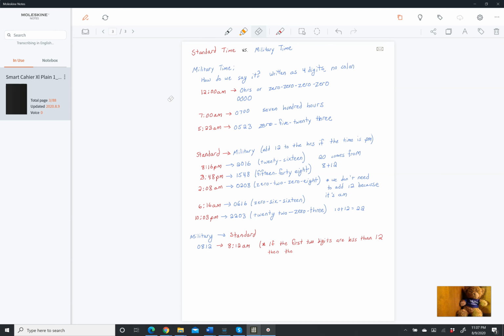Then the times are equivalent. Otherwise, you're going to subtract 12. And this will make sense when we do a couple of examples.